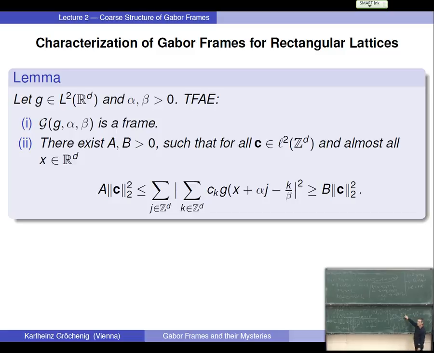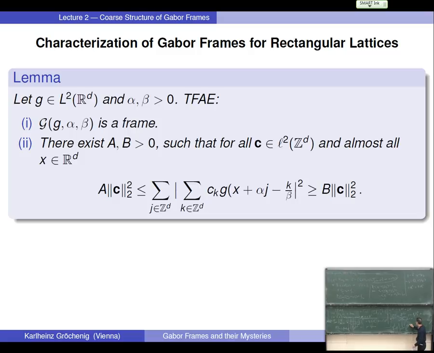That amounts to a coordinate transform here. So first I have the sum over the translates of this cube, and then I make the coordinate transform. If I shift by a multiple of alpha, nothing changes here because that's periodic.